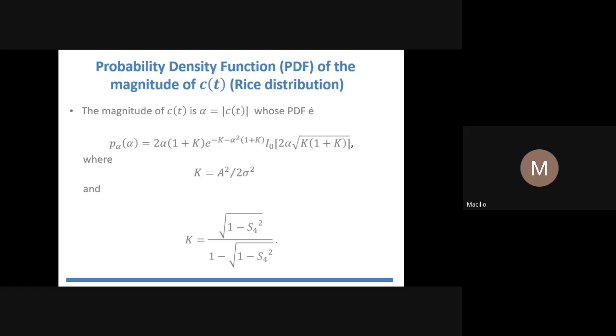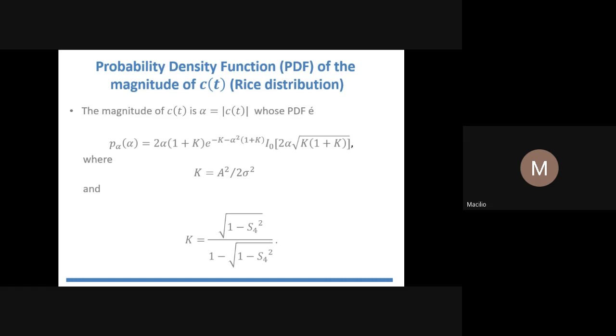Using this model, it is easy to show that the probability density function of the magnitude of the process CT is given by this equation that represents what we call the Rice distribution.